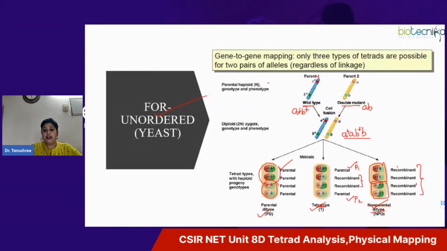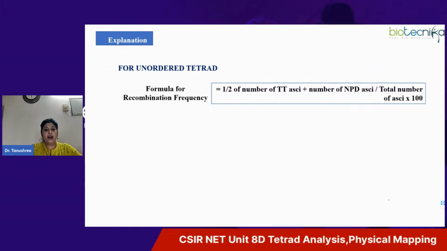So here, the recombinants you are getting are in tetratype and in NPD. This is the reason you have to write down the number of tetratype, and in tetratype also only half are recombinant. So this is the reason you will multiply with half: number of tetratype with half, plus NPD, by total number, into 100.